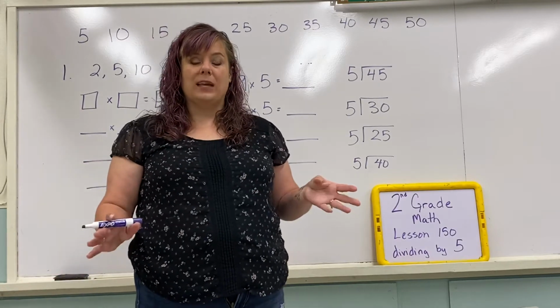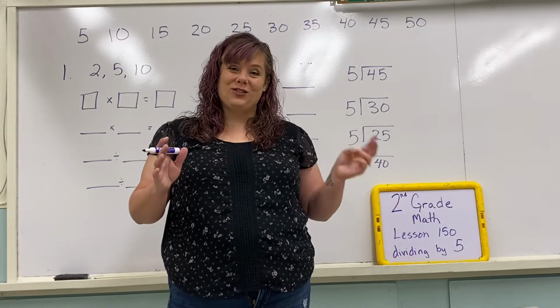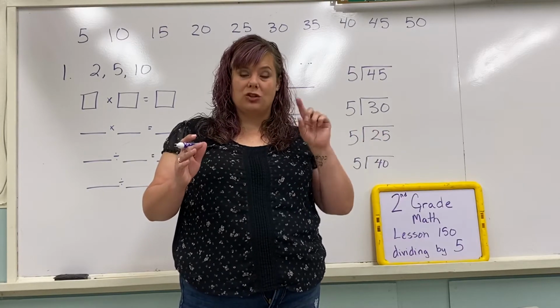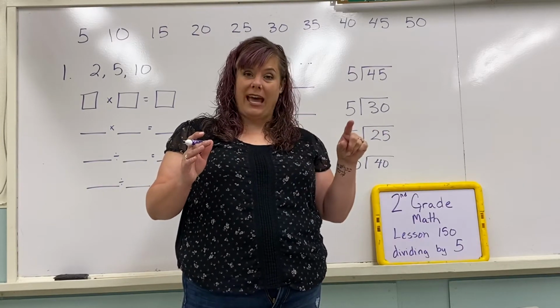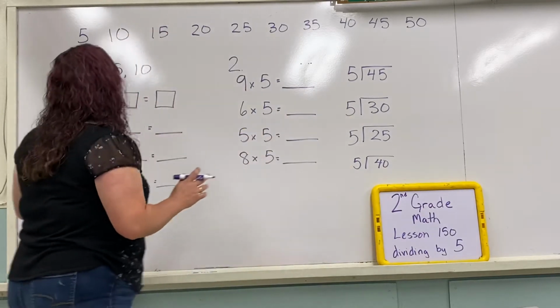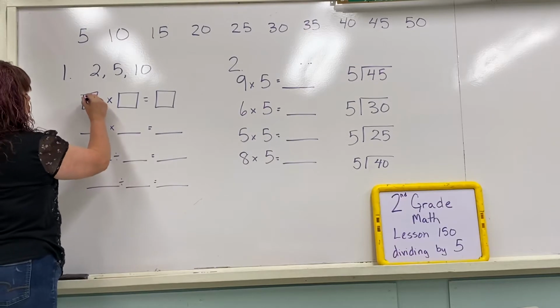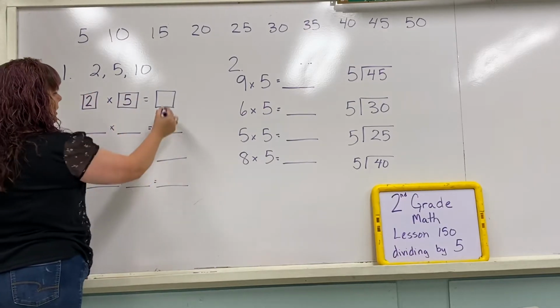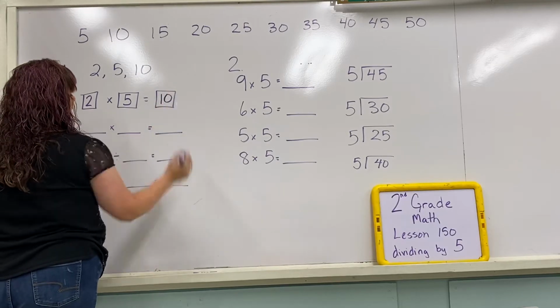So the first one, we're going to do just straight in order, right? If we're making a multiplication problem using 2 and 5 and 10, we can go just straight across, right? Because 2 times 5 equals 10. So we're going to write 2 in the first box, 5 in the second box, and 10 is our answer.